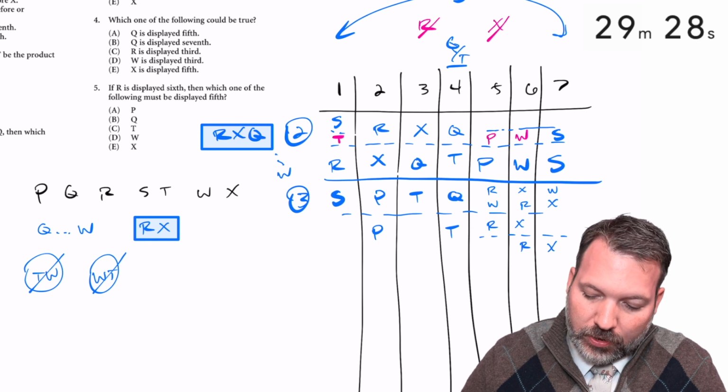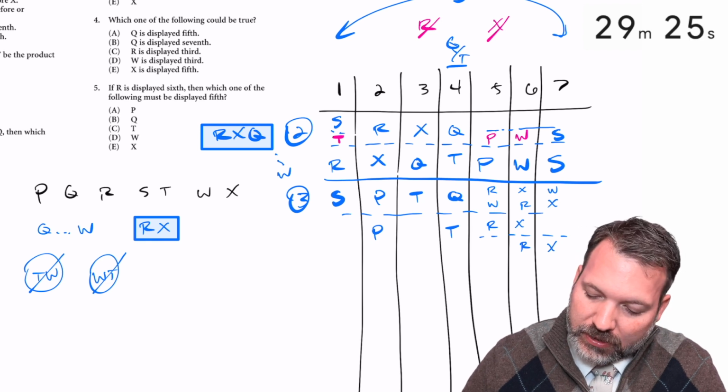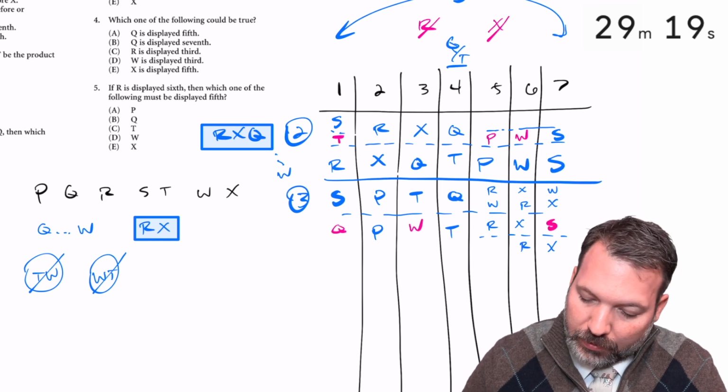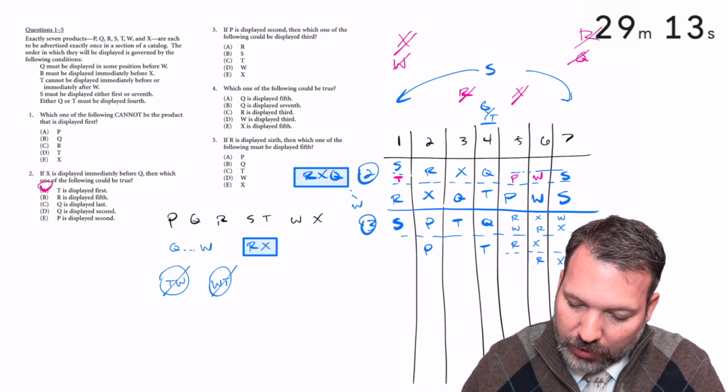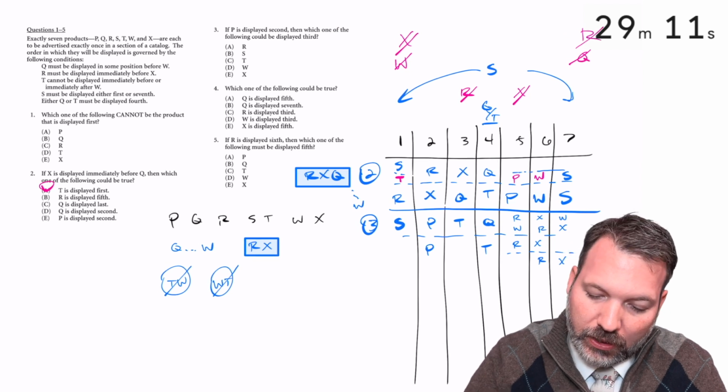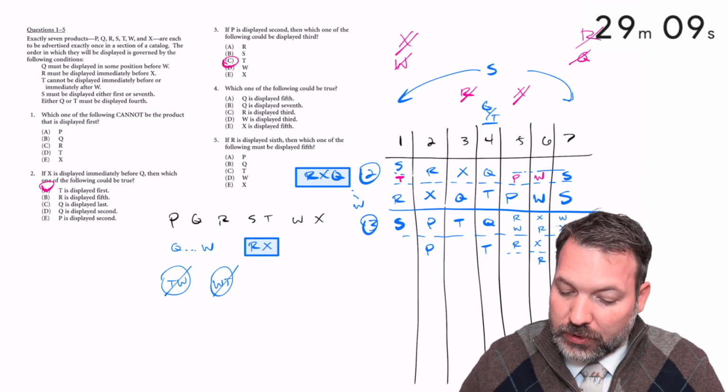And I was going to say I couldn't put S back there, but I could imagine a scenario like S goes here, Q goes first, W goes third. That's totally possible. So, I don't know. Maybe I should jump to what could be third. Oh, T. We've already got that. Answer choice C. Very good.